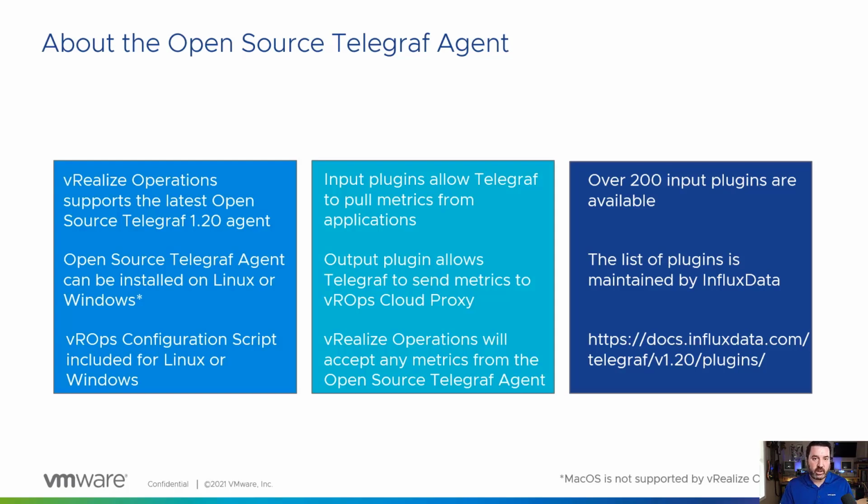Once you install the agent, we've got that script that will configure the agent, and then of course you need to configure the input plugins for the open source Telegraf Agent to pull in data from those applications. And then the output plugins allow Telegraf to send that data to vRealize Operations, but it can also send that data elsewhere as well.